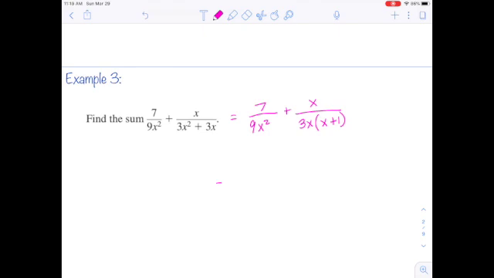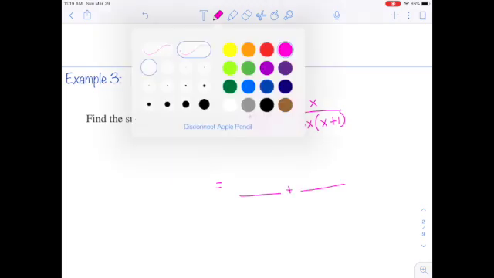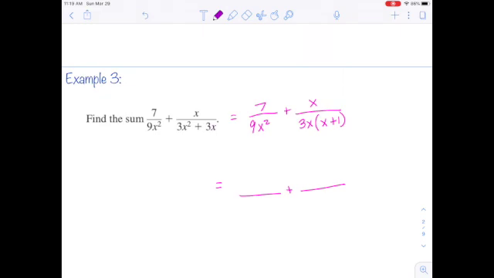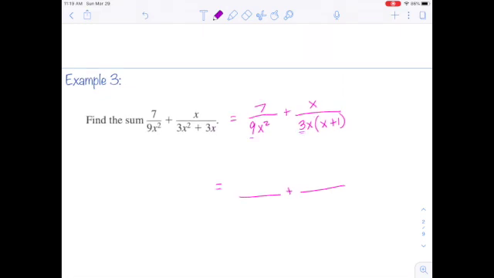So then you have to ask yourself, I have to make both of these fractions have a least common multiple as the denominator. So let's see. I'm just going to set up my framework here. I'm going to take my least common multiple, so between 3 and 9.